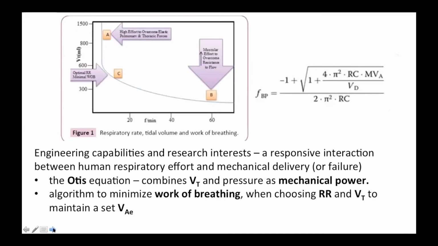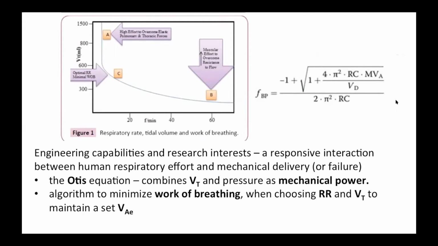We have been very fortunate that our recent engineering capabilities, plus a lot of research interests, have allowed a combined responsive interaction between the human respiratory effort and the mechanical delivery, or sometimes failure.